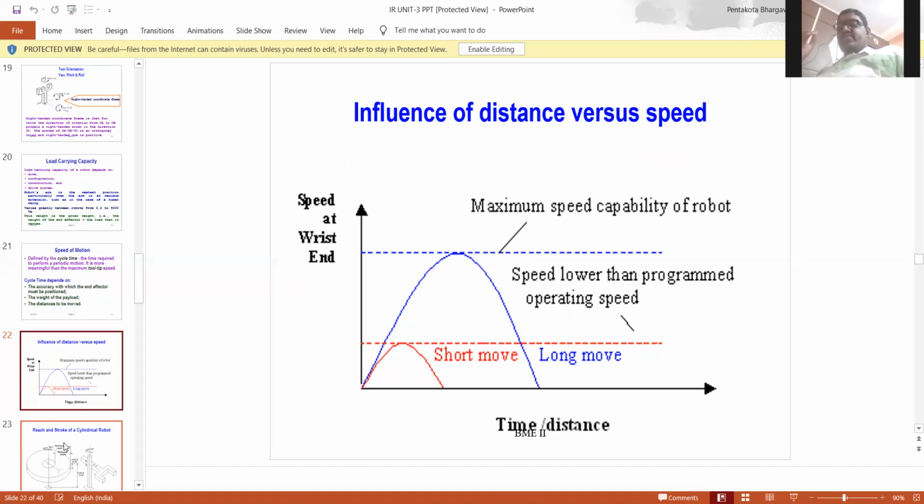The efficiency will not be lower than the accurate value, so we can increase speed only up to a certain level. Don't go to too high a speed. That is the influence of distance versus speed. Next slide.